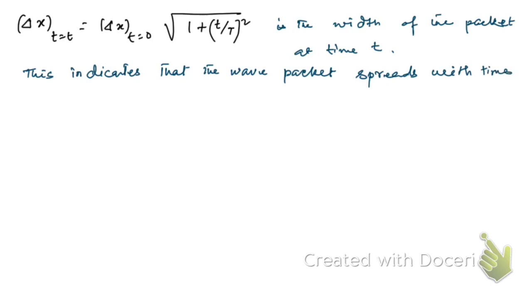It spreads with time. That means the width of this packet varies with time. Now you see from this expression, if small t is very much less than capital T, then the width will be very small here.